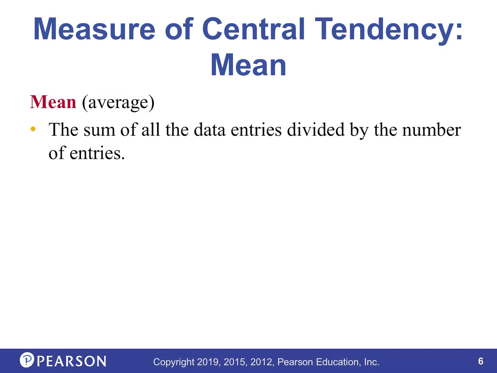Mean. The mean is often said to be the average, and it can be found by the sum of all the data entries divided by the number of entries. For sum, a Greek letter that we'll see a lot is sigma. Remember, that just means to add.